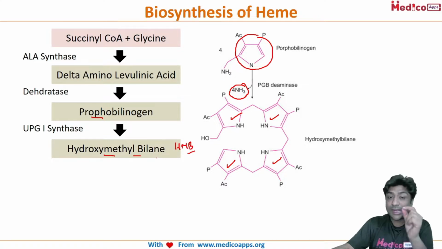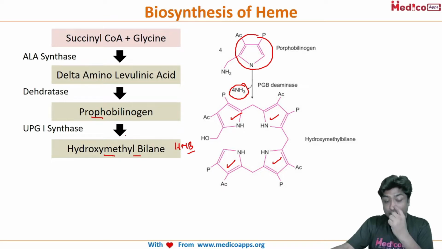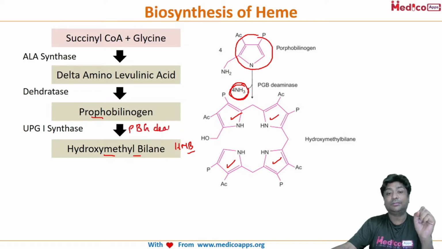Hydroxymethylbilane is the first tetrapyrrole which is formed. Now remember, there are a few important points. First of all, because amino groups are being removed, this enzyme is also called PBG deaminase.